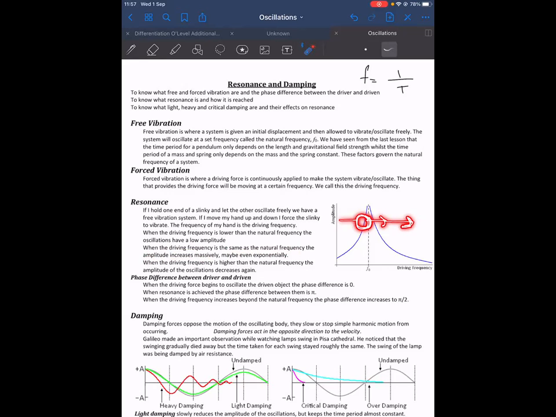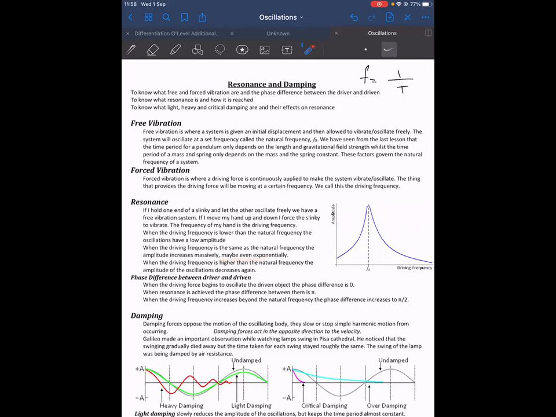That is, the frequency at which you are making the system oscillate, your driving frequency, if that becomes equal to the natural frequency of the system, you will observe a rapid, drastic increase in the amplitude of the system, and that is what we call in physics resonance.